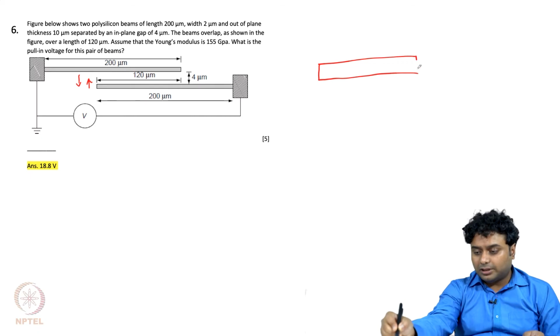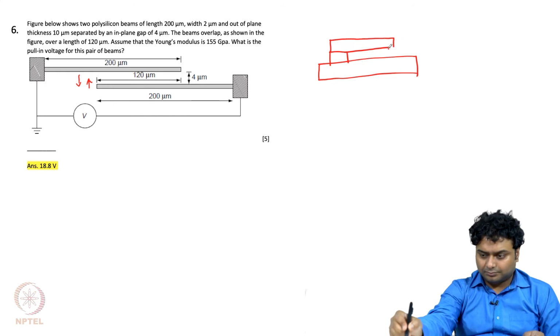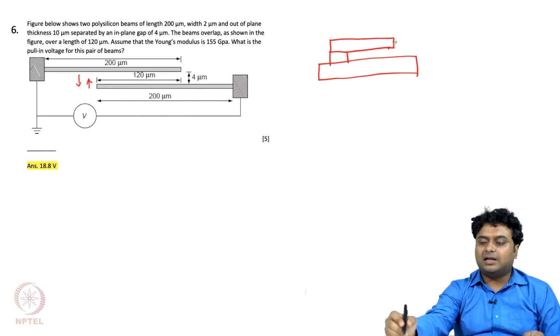means for a simple cantilever. For a simple cantilever like this, so this is the cross sectional view, okay.